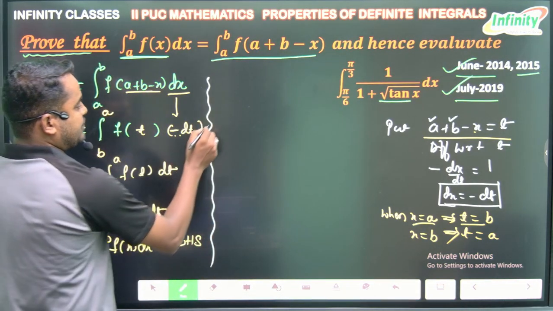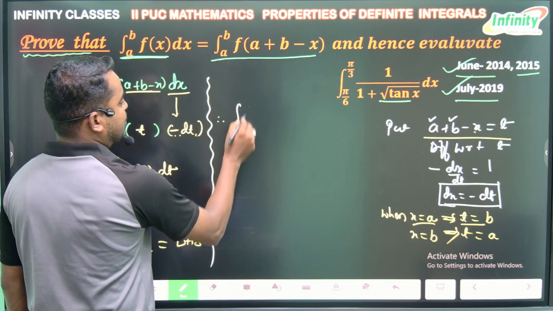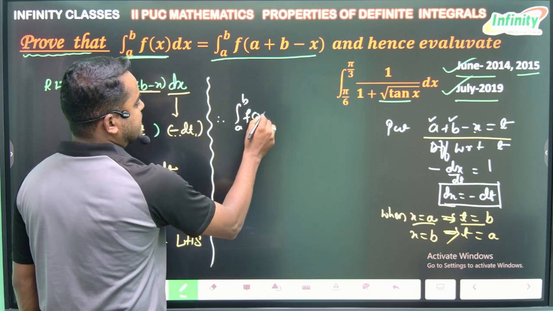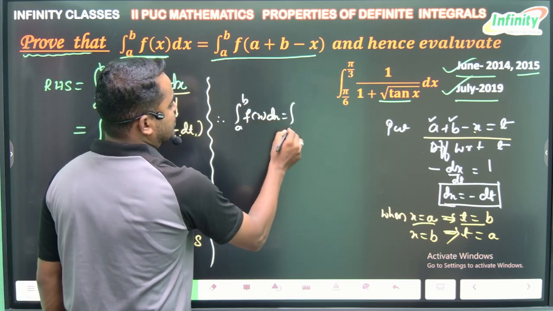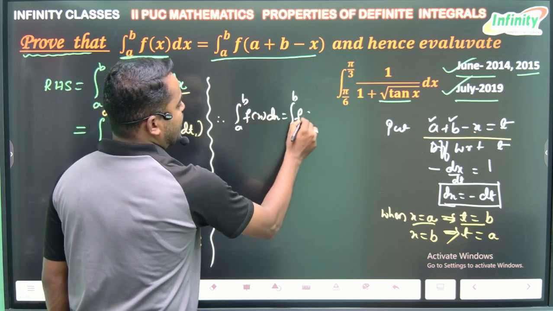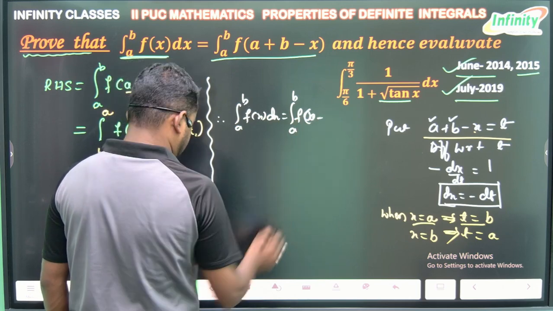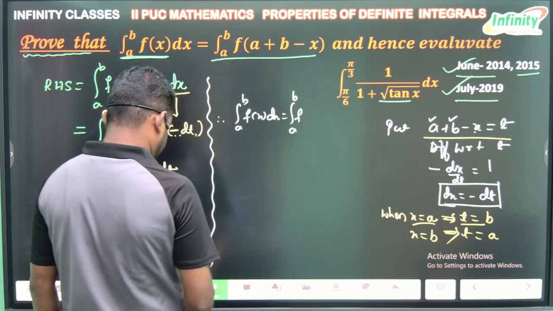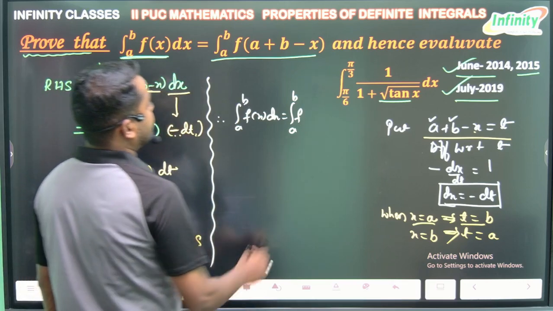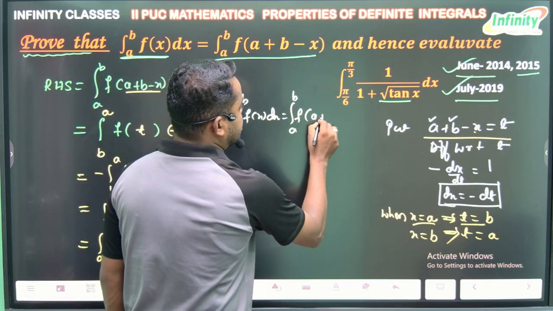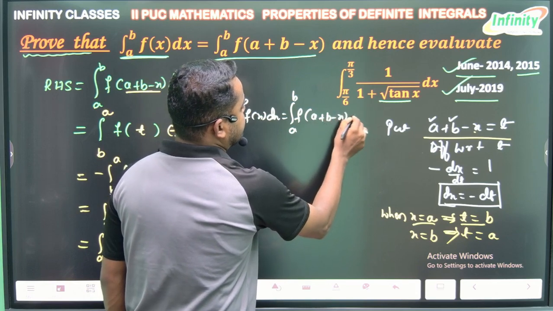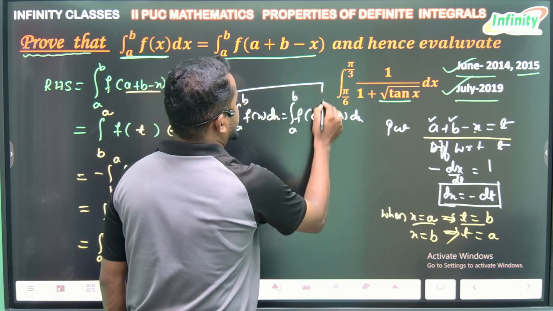Therefore integration of a to b f of x dx is equal to integration a to b f of a plus b minus x dx. This is the proof of the property.